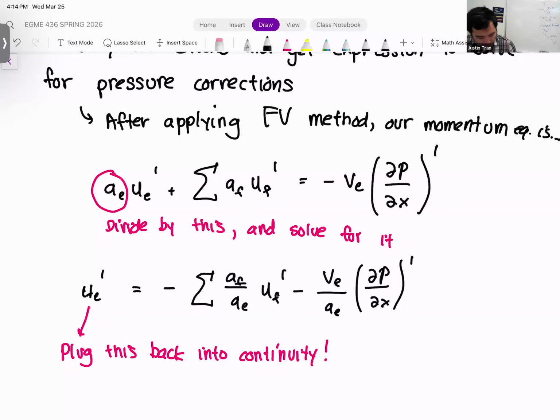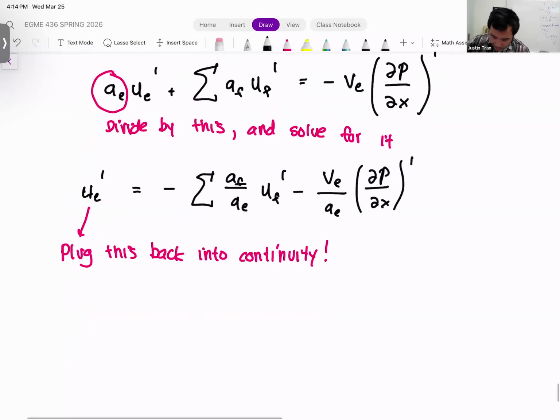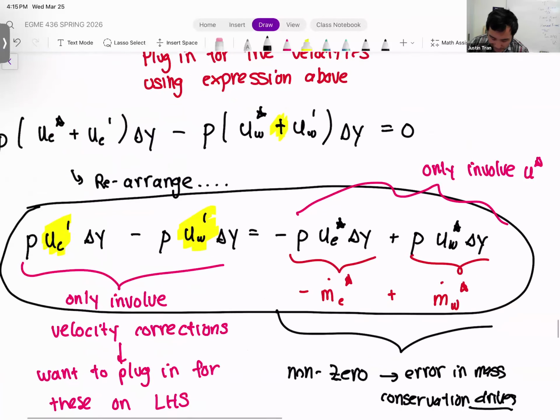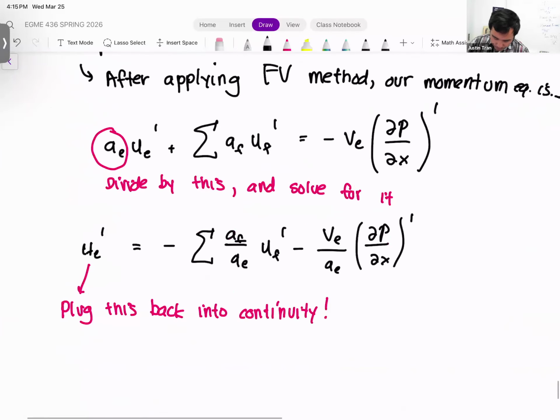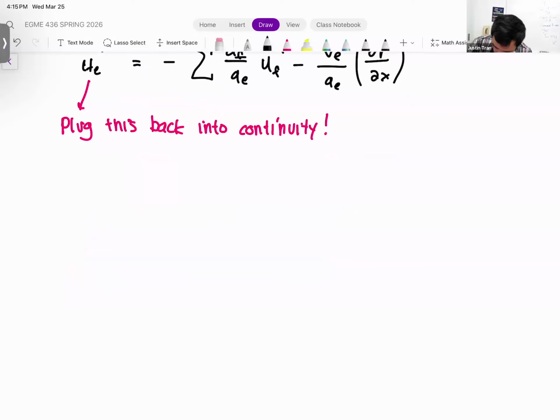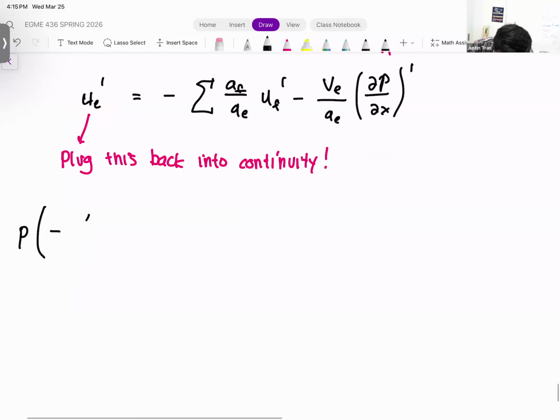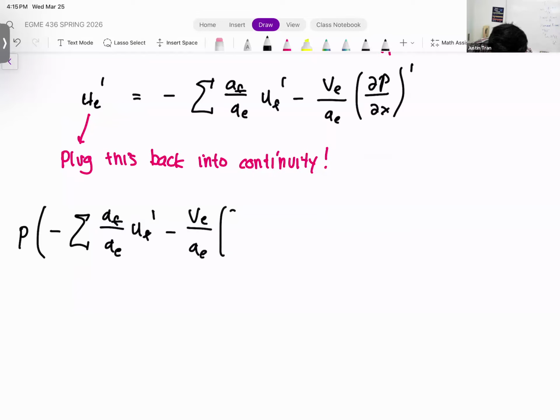So plugging this back in, just to give you a sense, we're plugging back in for these two highlighted quantities, and everything else is going to be the same. We get rho, plugging in for UE prime here, so that is minus the summation of AF divided by AE, UF prime, minus VE over AE, partial P, partial X prime, times delta Y, minus rho.